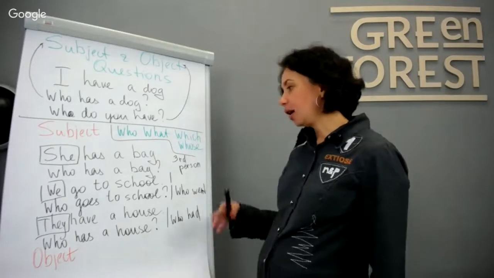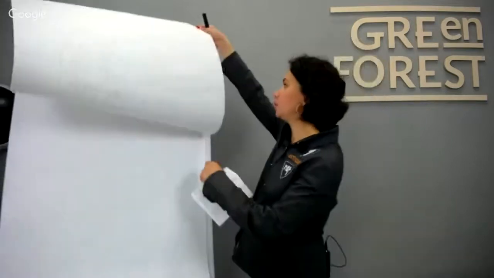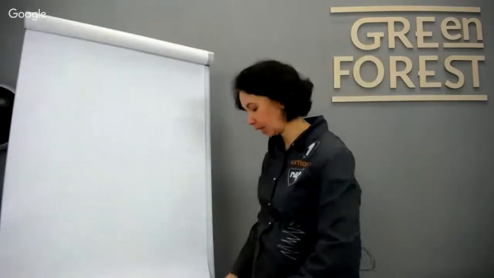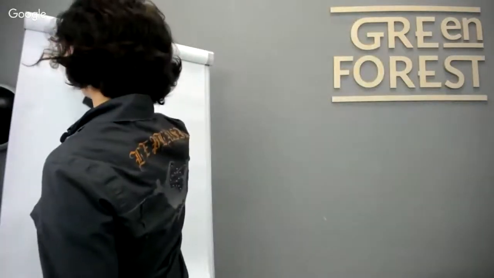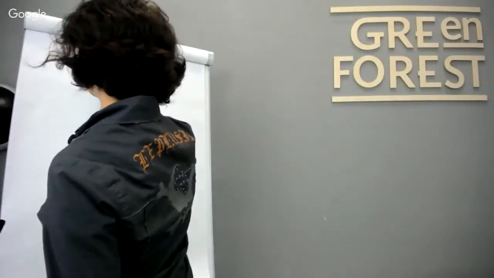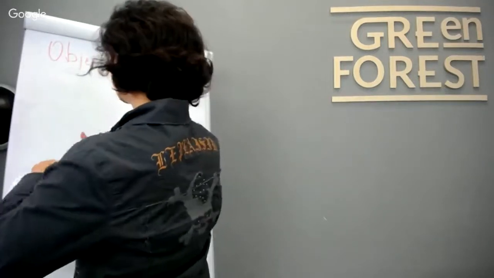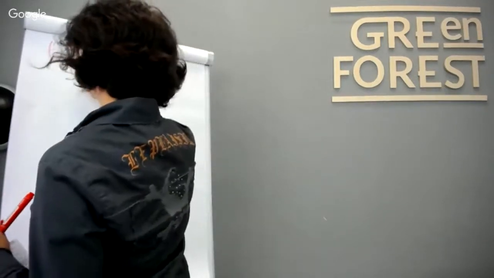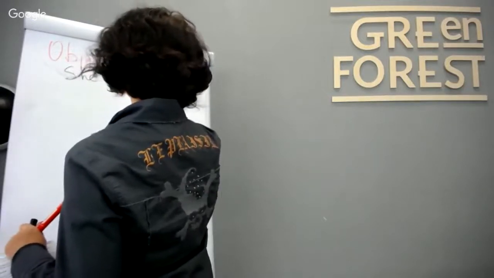And how to create questions about the object? I have to turn it so that you can see better. So one more time, object questions. We will take the same sentence. She has a bag.